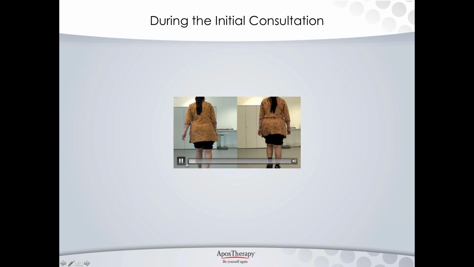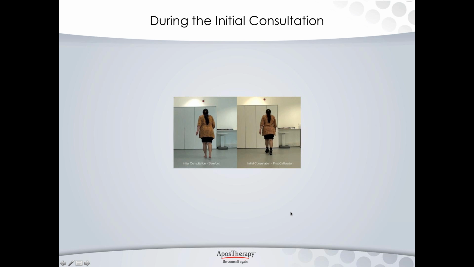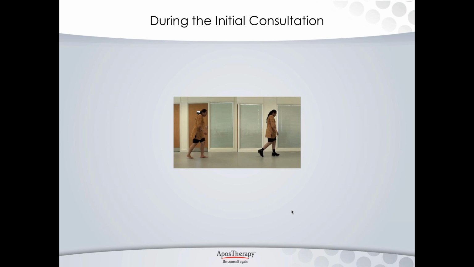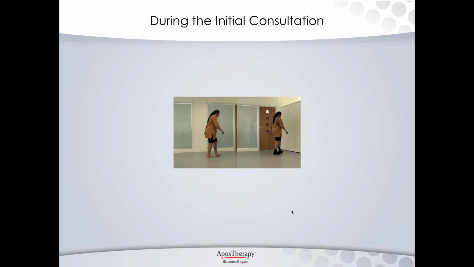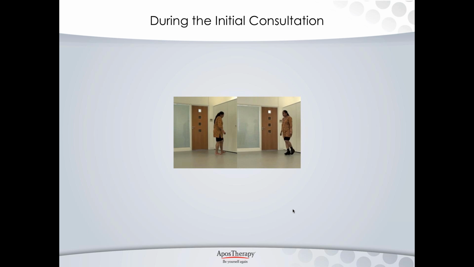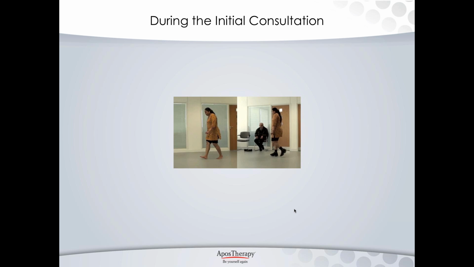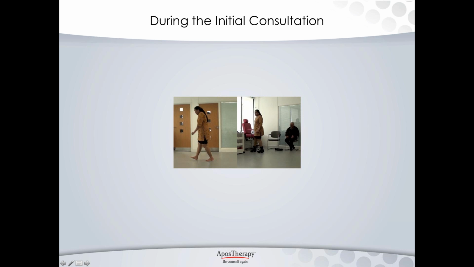I'll just play it one more time for you. Again, on the left she's barefoot, and on the right once she's calibrated very specifically to her, you can see how her muscles are working a lot better. And obviously what we're trying to do is get this benefit into her normal barefoot walking over time.